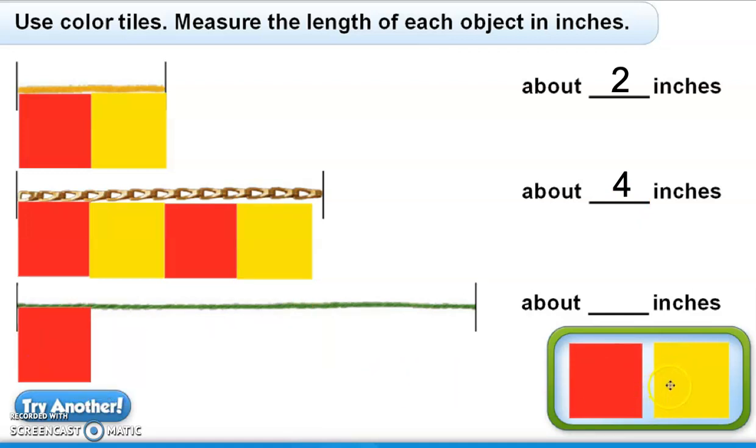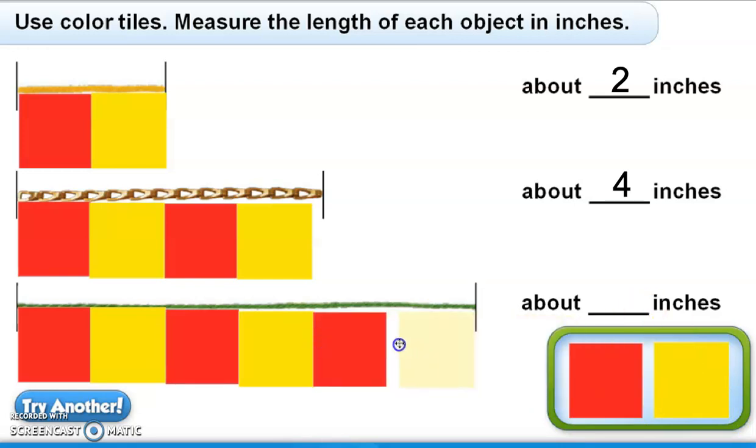This one's a long one. So we're going to need a lot of tiles for this. Making sure there's no spaces in between my tiles. All right, and so again, this one's probably not going to be exact.